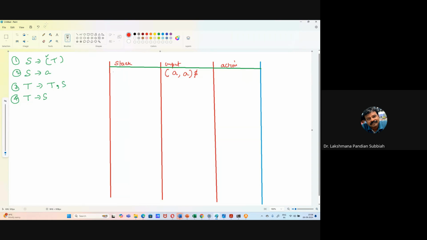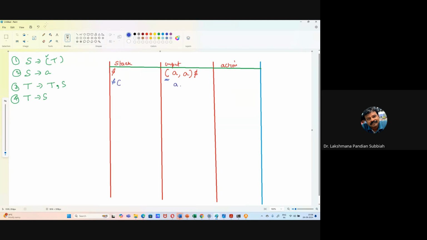Now in the stack also we push the dollar as the first symbol. And then we have to shift the first symbol from the input to the stack. Here the first symbol is the open bracket. So one input symbol you have to shift into the stack, so that is dollar, open bracket.